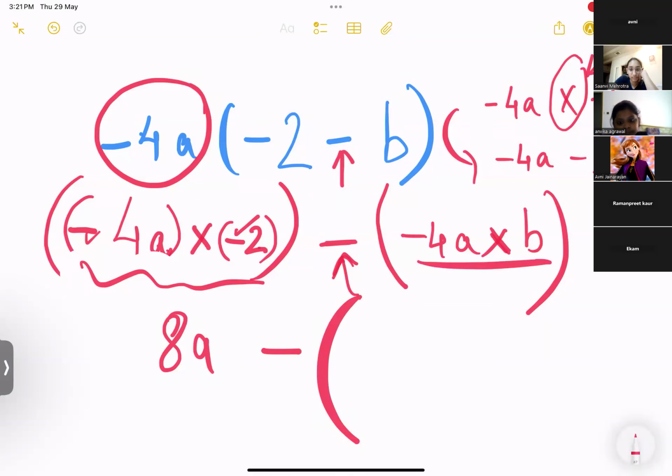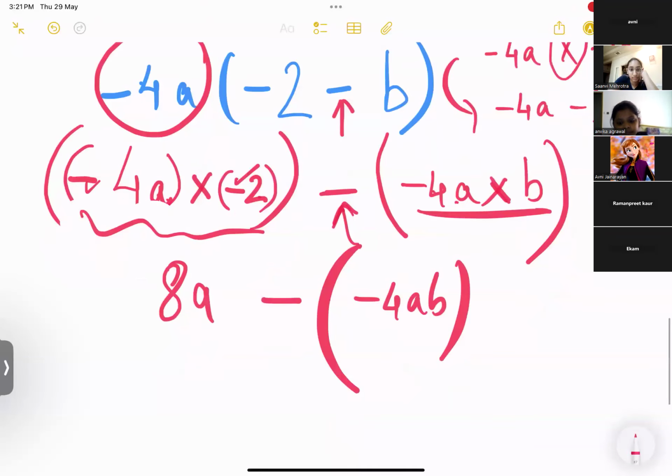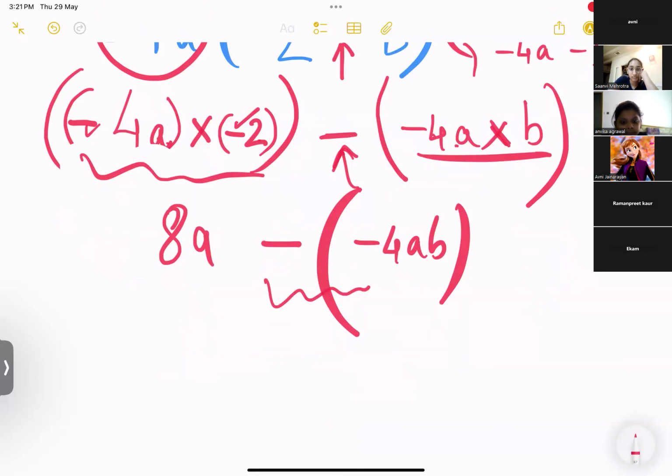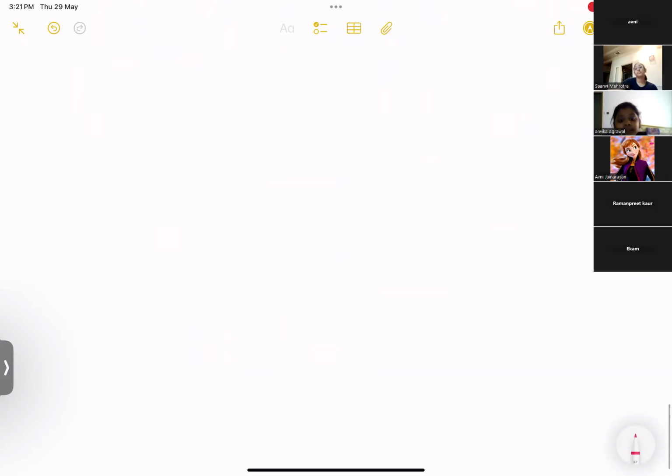What should I write? Minus 4ab. Now again we have to open the bracket over here. Minus times minus becomes a plus 4b. Plus 4ab. Okay, 12ab.